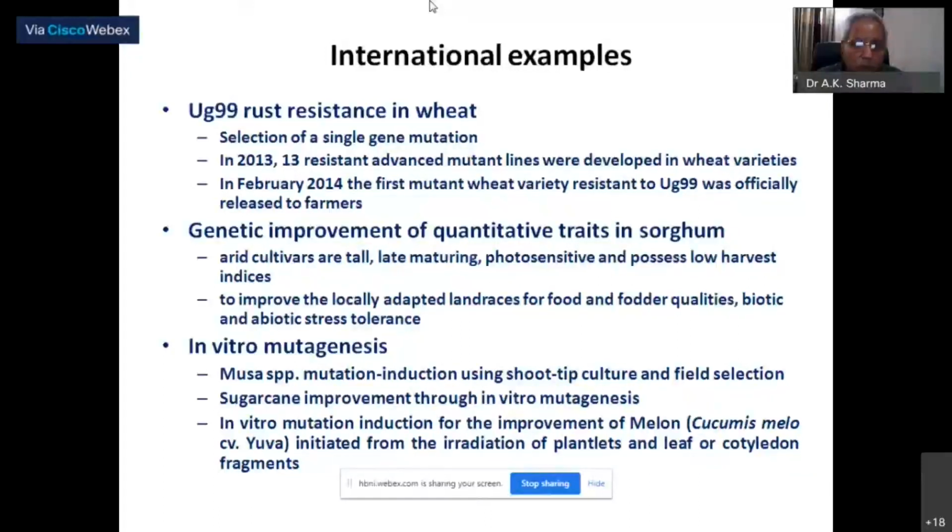Similarly, in vitro mutagenesis for banana mutation induction has been very successful. Sugarcane improvement through in vitro mutagenesis. Also, in the case of melon, there has been successful mutation breeding.